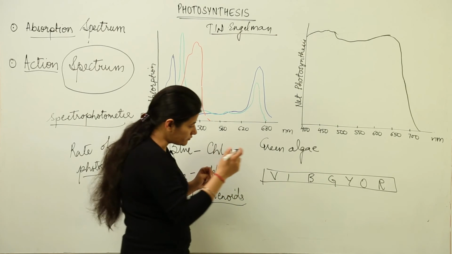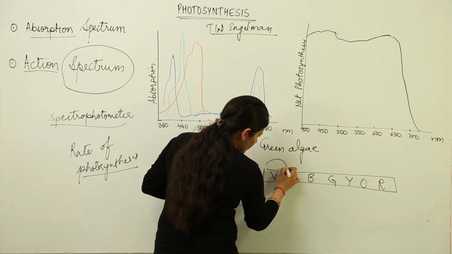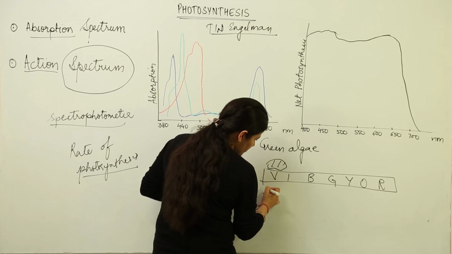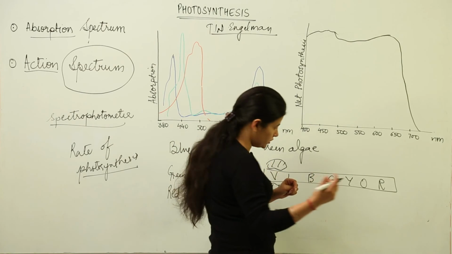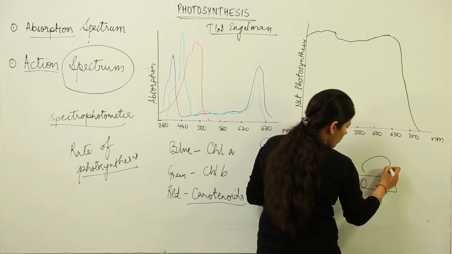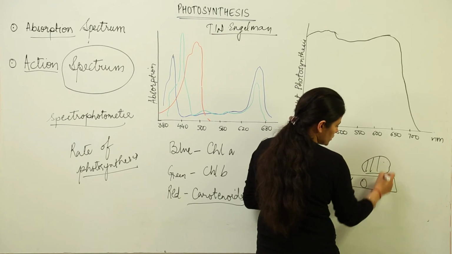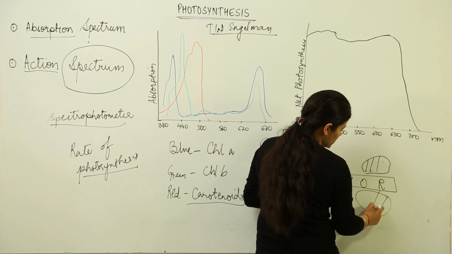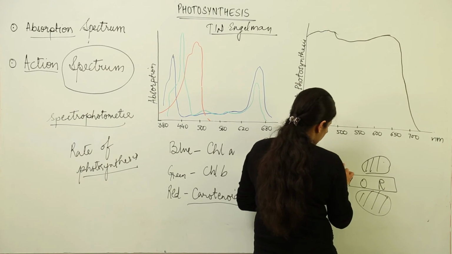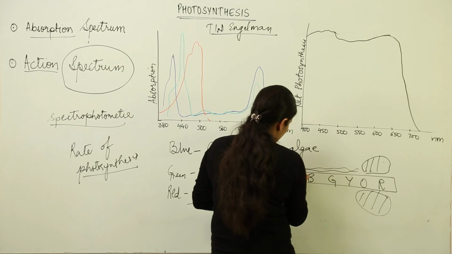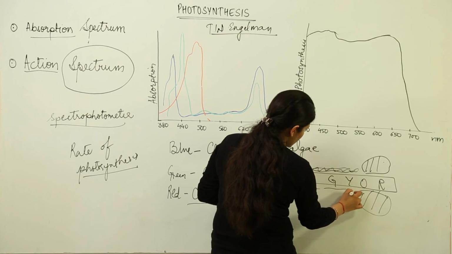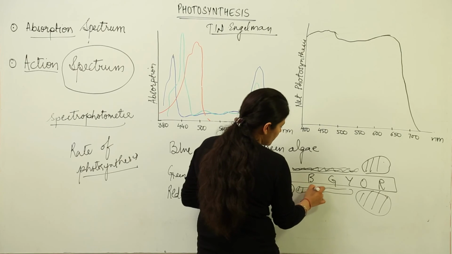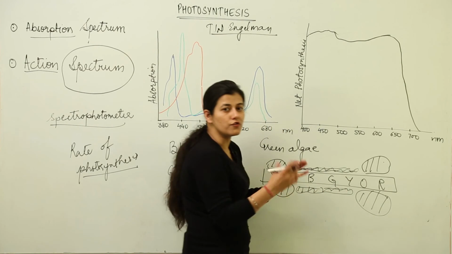After some time it was observed that the bacteria accumulated at these regions. Now you know the bacteria feed on oxygen, they are aerobic bacteria, so the higher concentration of bacteria was found in these regions and the least was here. So he in a way proposed the action spectrum on the basis of evolution of oxygen.